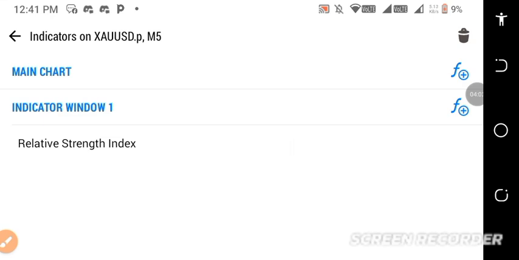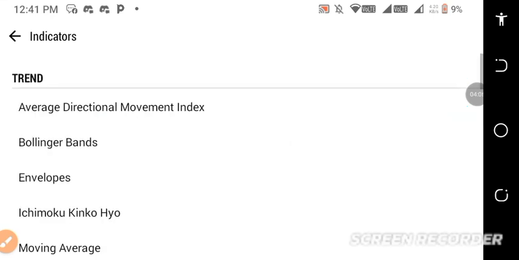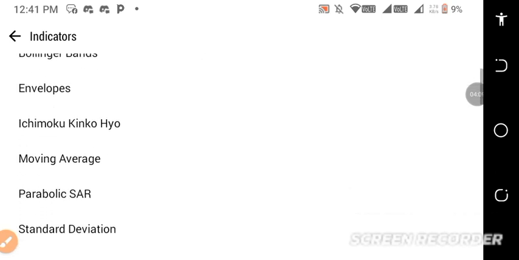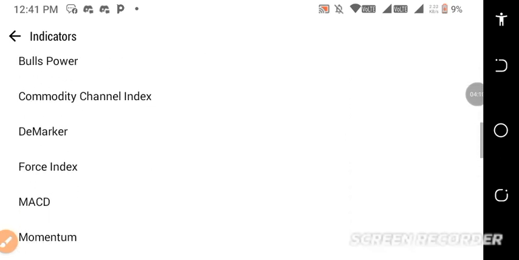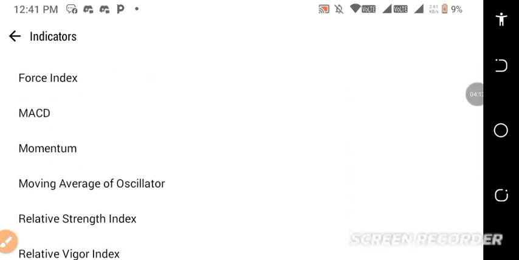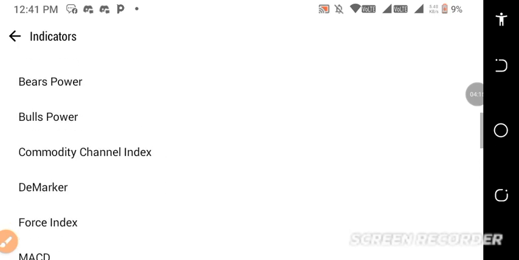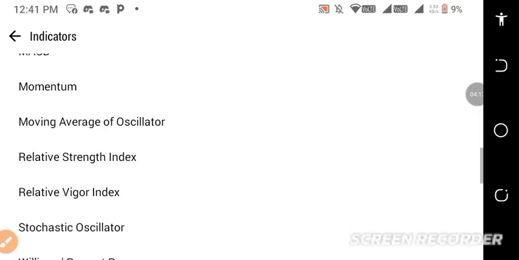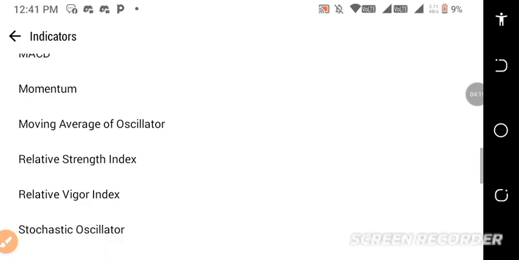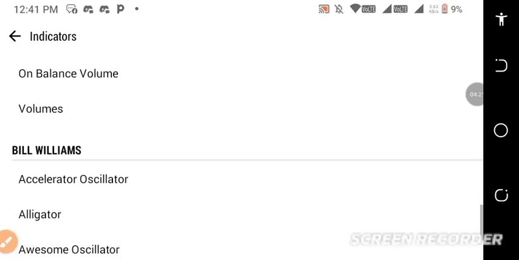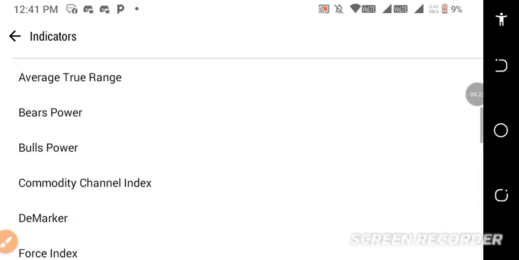Moving average. Here is moving average. Please let me search. This is moving average.